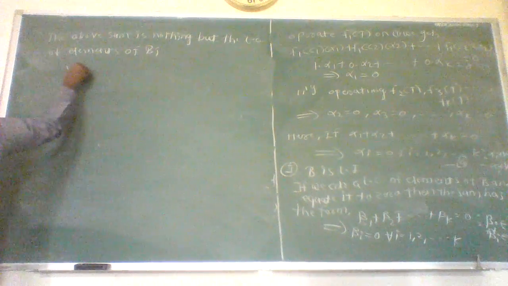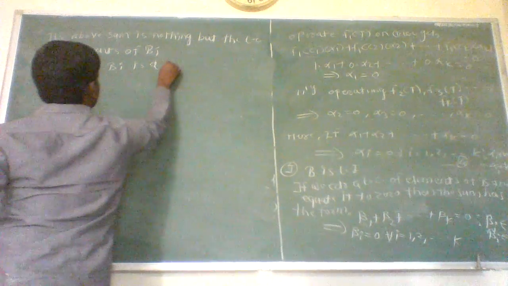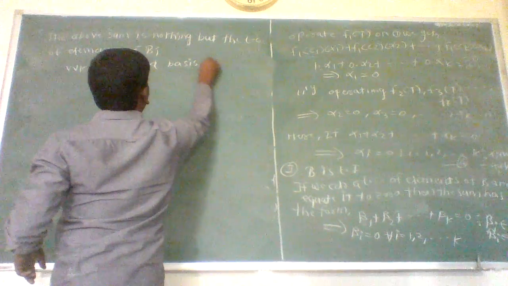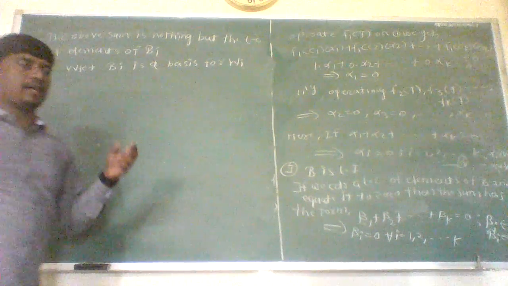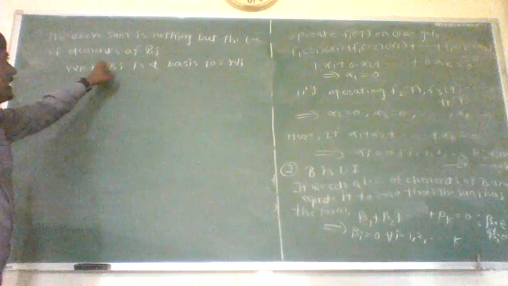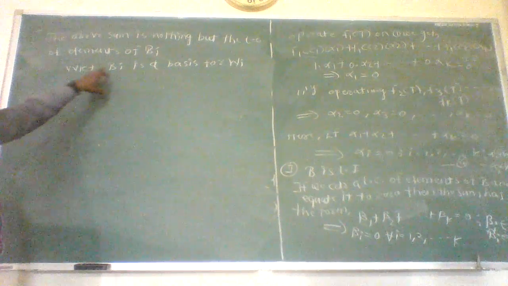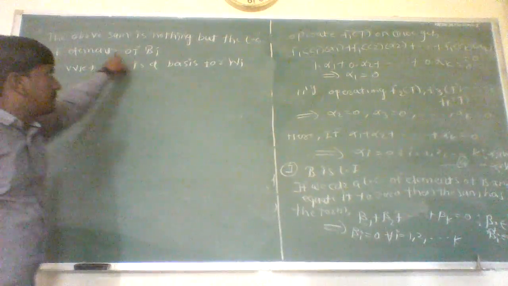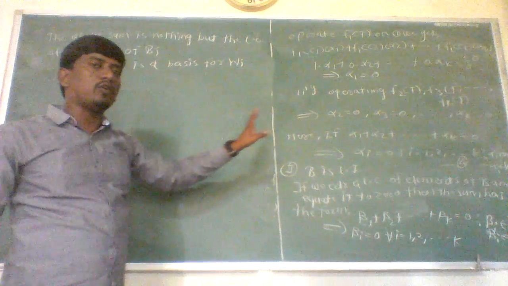We know that each Bi is a basis for Wi, so any element belonging to Wi can be expressed as a linear combination of the Bi, and since each Bi is a basis for Wi, the scalars in this linear combination must be equal to 0.